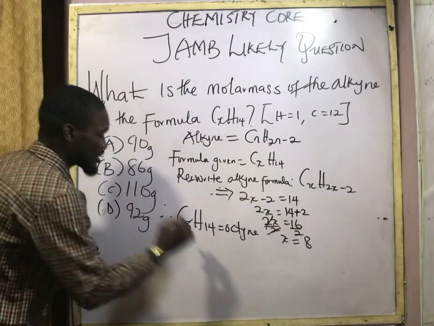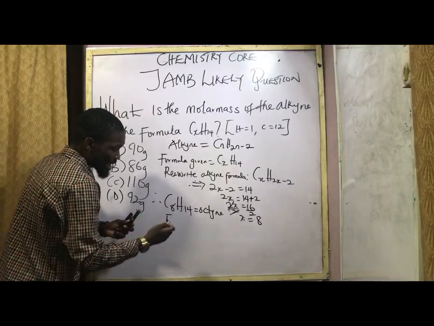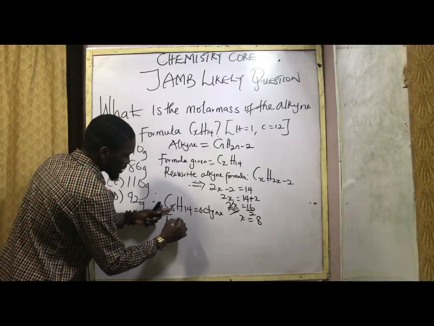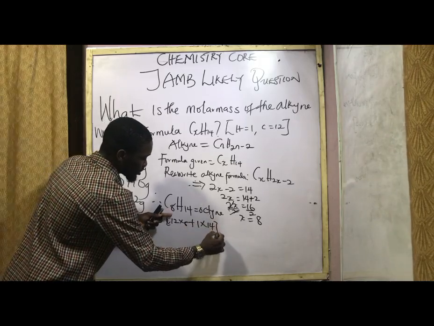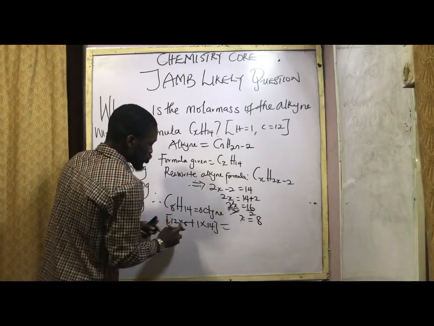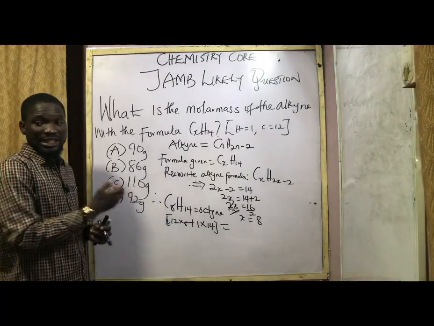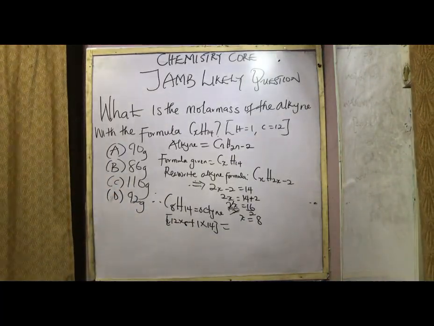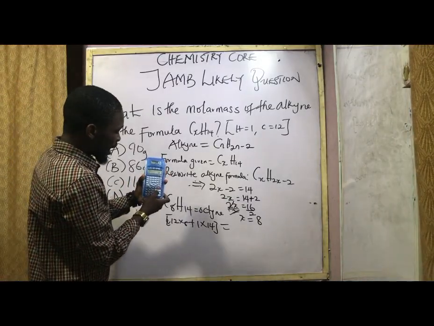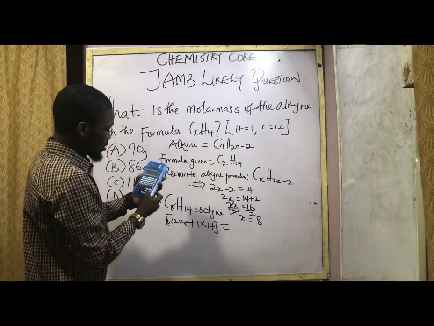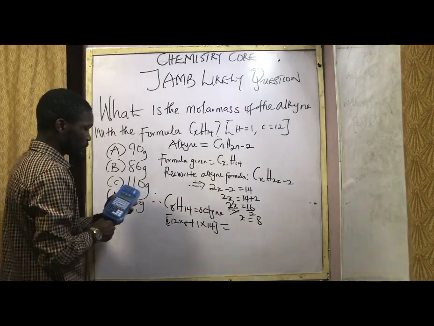So guys, we can say the atomic mass of carbon is 12 multiplied by 8 plus 1 times 14. That will give us 12 times 8. Let's take a look at our calculator. 12 times 8, we have 96.